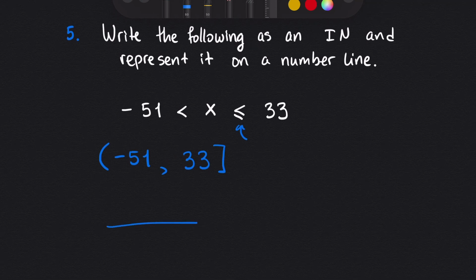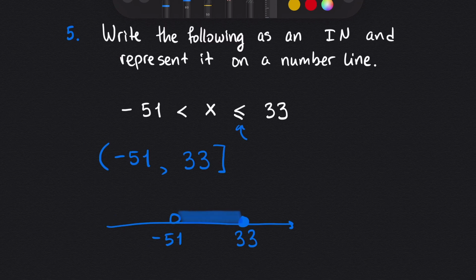Let's write this in interval notation. Now on the number line, it's -51 not included and 33 included. And x is in between those two values. So we're going to shade what's inside those two numbers.